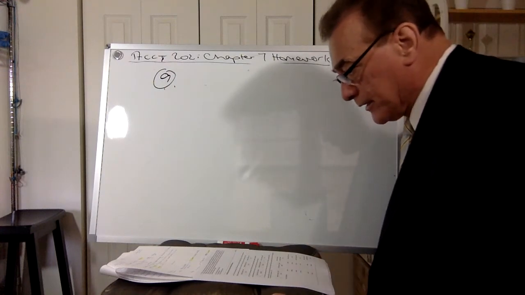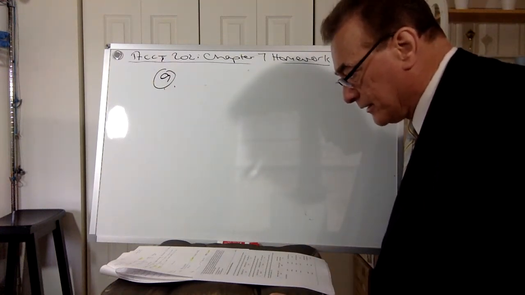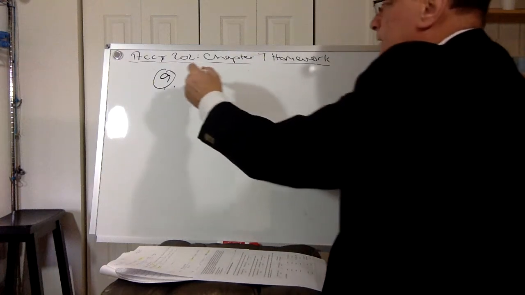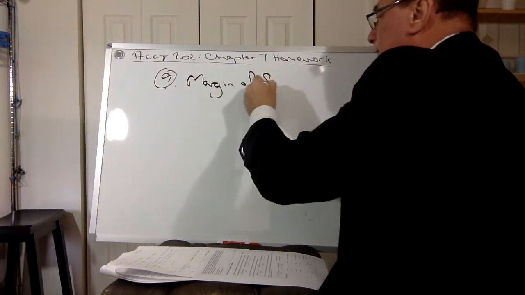Okay, so what we've got now, same information and break-even point, and they sell 12,000. So we're now looking at margin of safety, the concept of margin of safety.